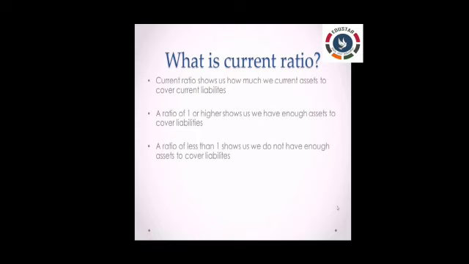A ratio of 1 or higher shows we have enough assets to cover liabilities. If the ratio is less than 1, we don't have enough current assets to meet our obligations, to meet our commitments.